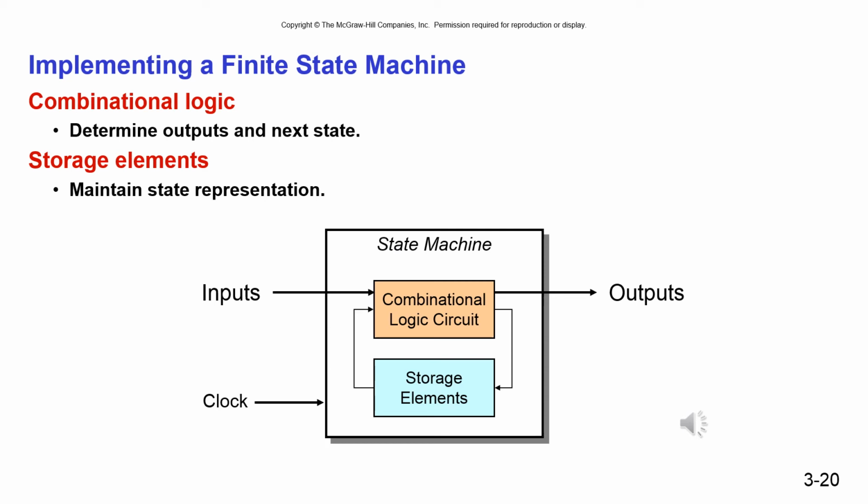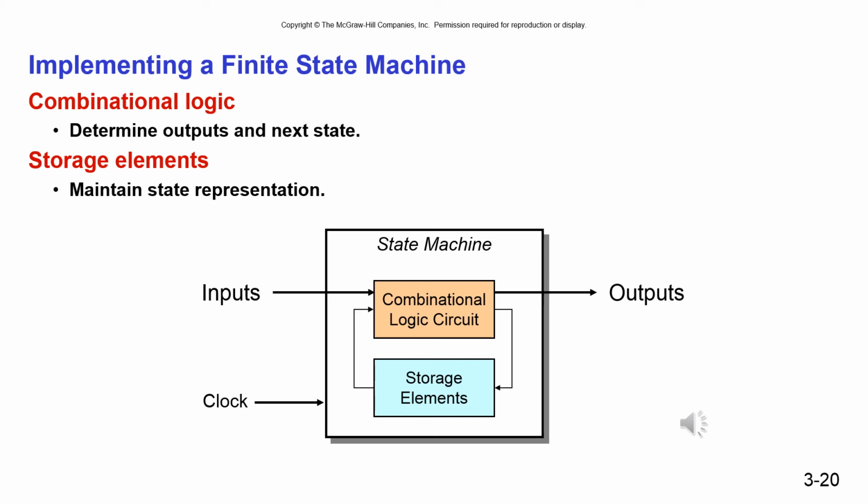Now we have more components necessary for the implementation of a finite state machine. We have inputs, we have our outputs, we have our combinational logic circuits which perform work, arithmetic logic computations. We have our storage elements, and we have our composer, which is the clock.